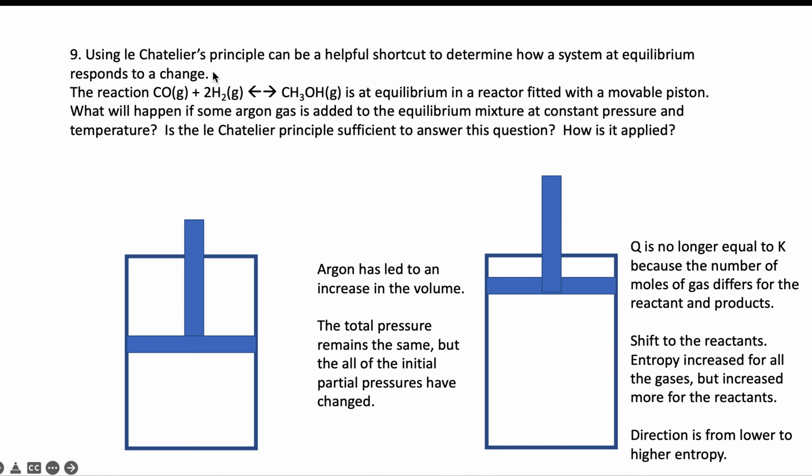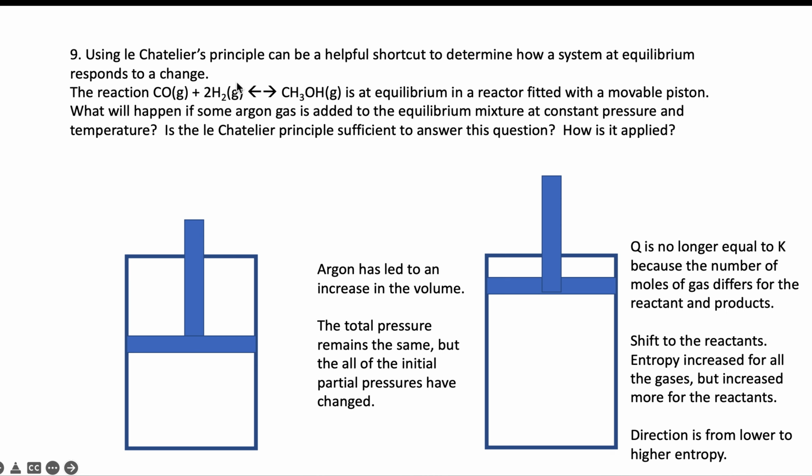If I were to consider why that happened, I think the fact that I'm now in a larger volume, the entropy increased for all of these gases, but it increased more for the reactants because I have more moles of gas that had their entropy increased. And we know the direction of a spontaneous change is from a higher to a lower entropy value. That's what it means when we now have this shifting taking place.